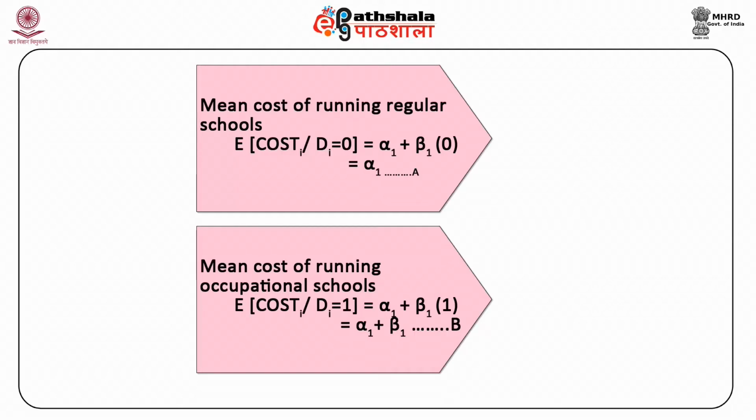Alpha 1 is the mean cost of running regular schools and beta 1 represents by how much the mean cost of running occupational schools, alpha 1 plus beta 1, differs from the mean cost of running regular schools.